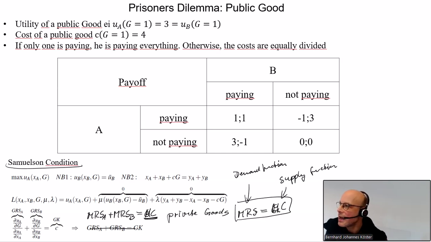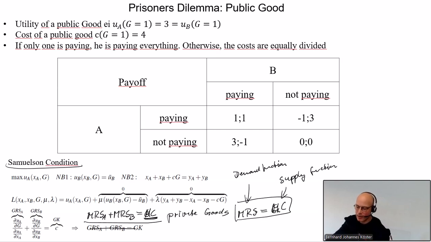But when you have bought a private good, then you own it, and you can say nobody else can use it. If you own this room, you can say nobody else can enter this room. And for public goods, you have the condition that all these marginal rates of substitution add up to the overall marginal cost.